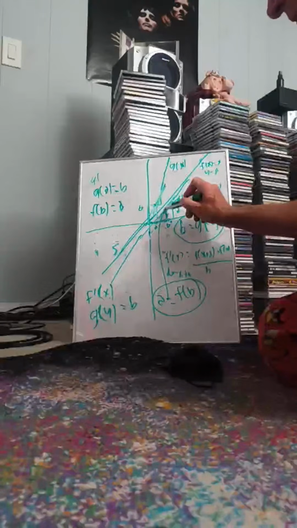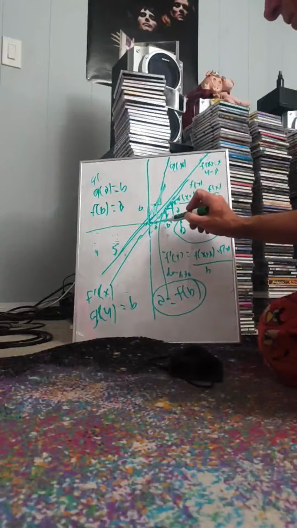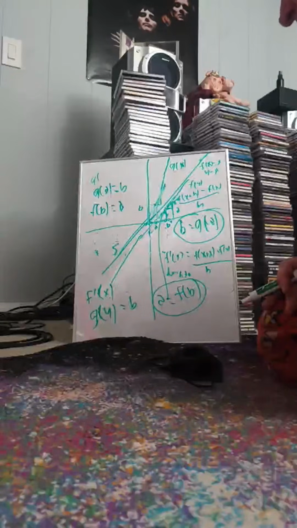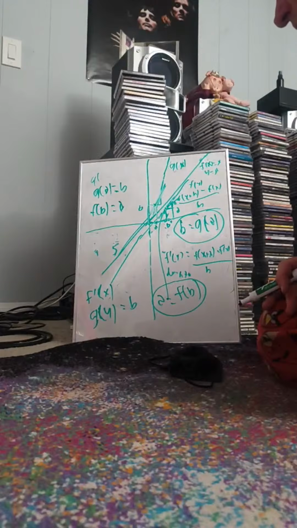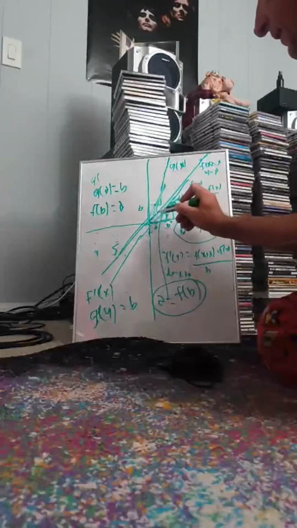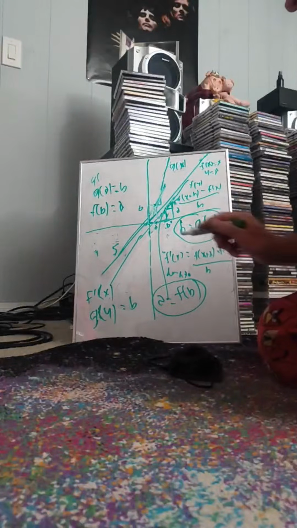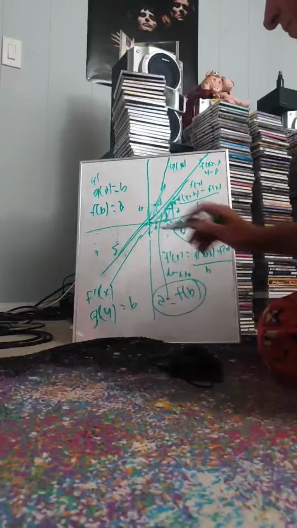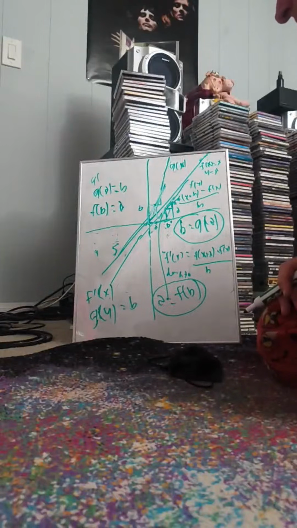Oh yeah, so f prime of b. Wait, b. All right, f prime of x. Oh, I see. So if this is b, this is a, this is a, this is b. Got it. So f prime of x is this slope. All right, that's that slope. But this slope is the inversion of it.